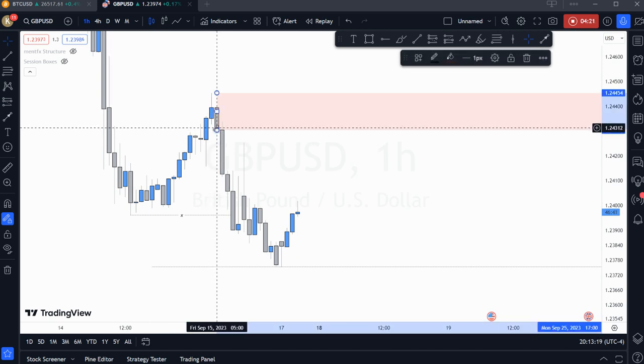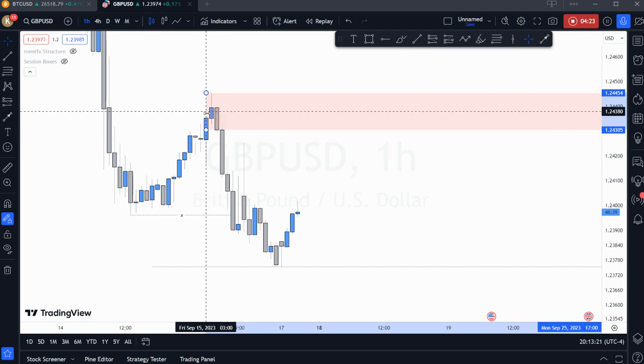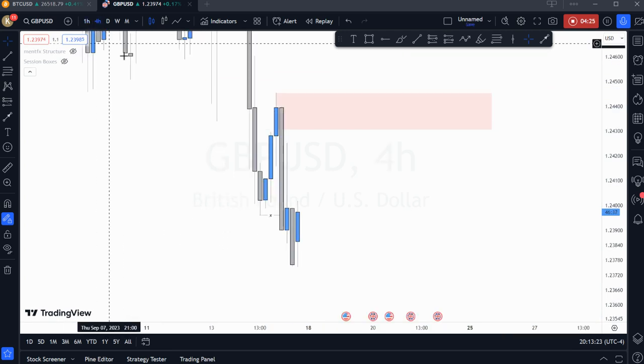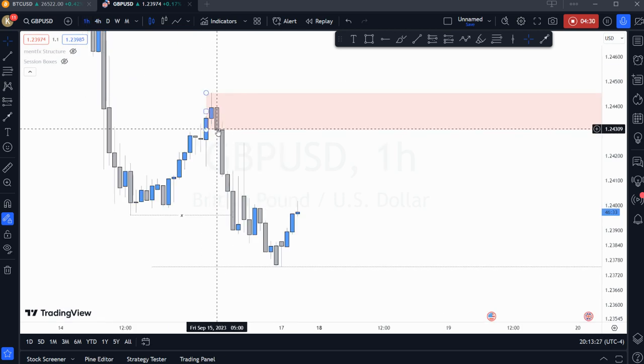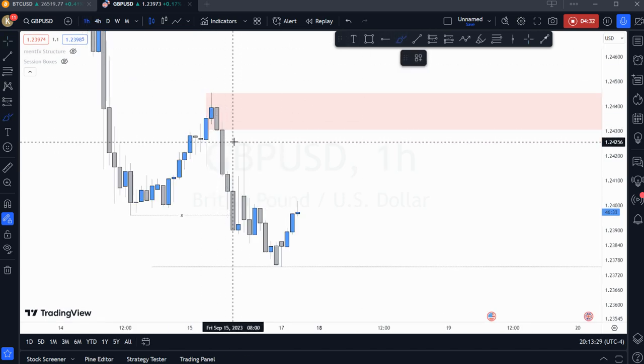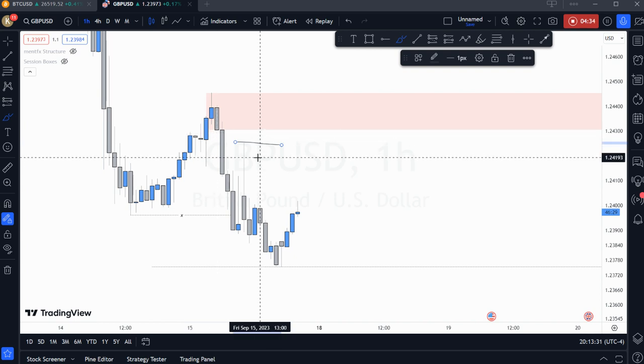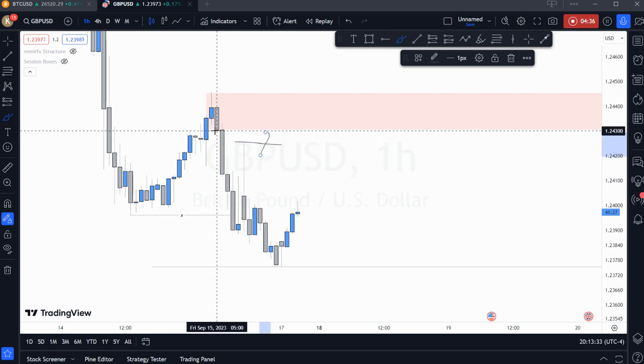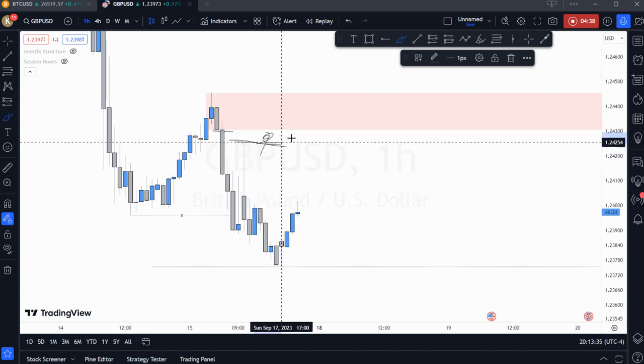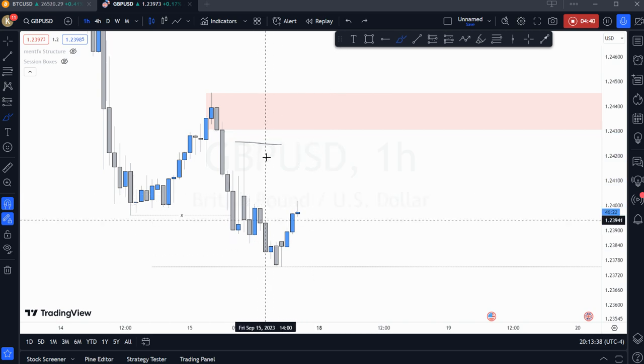I'll move it to this wick, as I believe that's where price more likely will want to go to, right? Just where liquidity is, this being internal liquidity right here, and price needing to fill this little missing price left behind to possibly then go down, right?